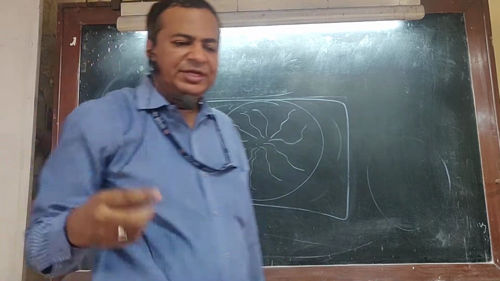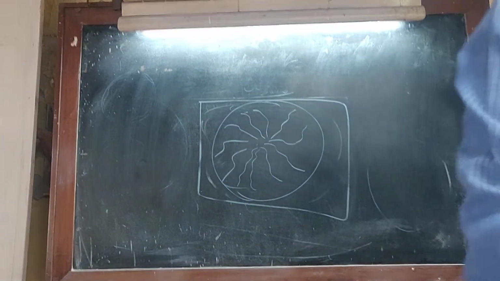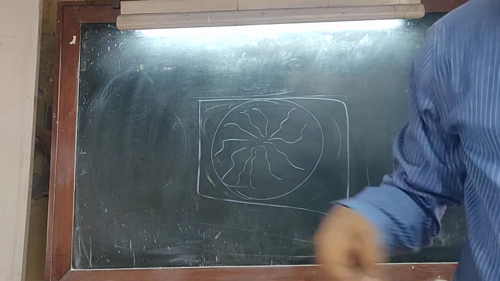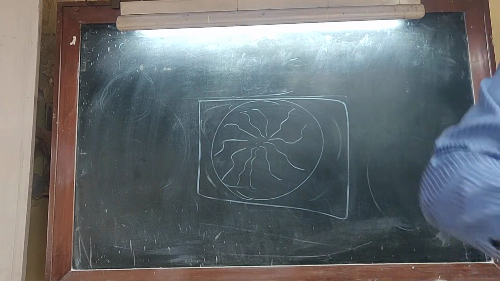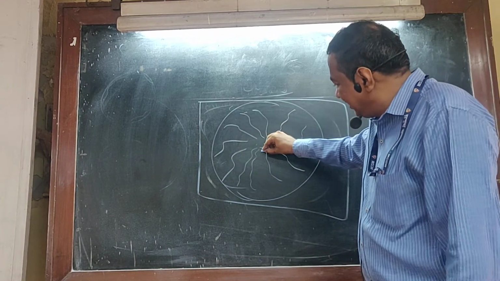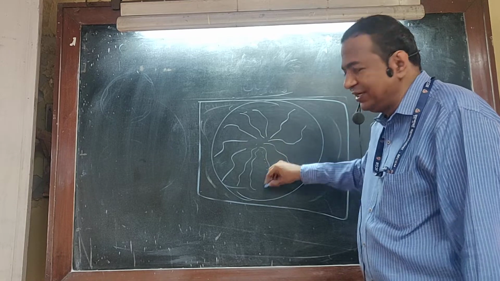Again, what kind of epithelium do you see here? So this is called a highly folded mucosa, which is lined by simple columnar and ciliated cells. Okay, there are ciliated cells, simple columnar and ciliated cells.